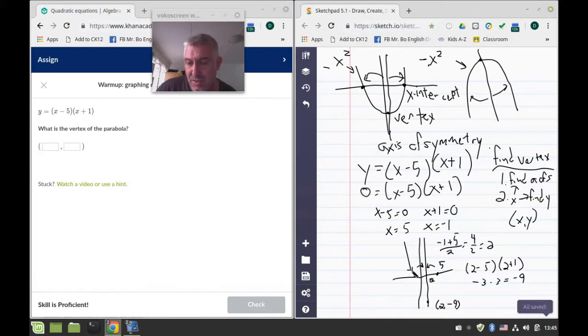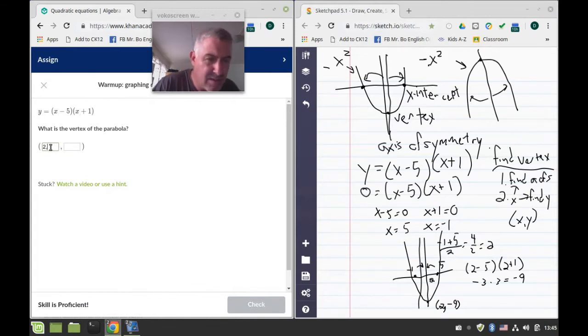If we want to draw our parabola, we'll just draw it like this and make sure it goes through those points. There should be a comma here, you can't see it. It asks us what's the vertex of the parabola. That's what it is: (2, -9).